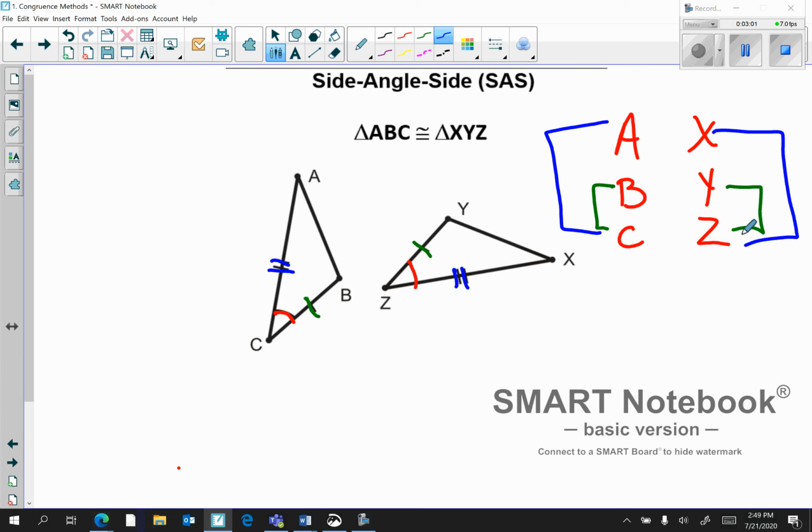And then the angle in between, angle C, is congruent to angle Z. For side angle side, the angle has to be in between the two sides.